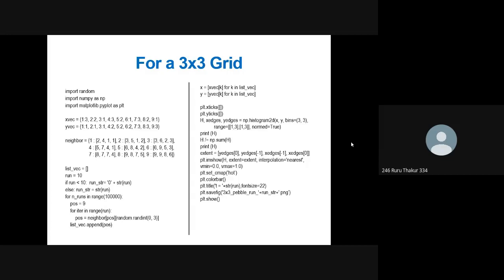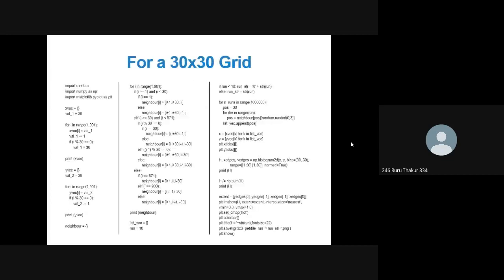We've done the same thing for the 30x30 grid. However, it was a little more complex. So instead of making the lists outright, we sort of used loops to do it, but the basic concept remains the same.